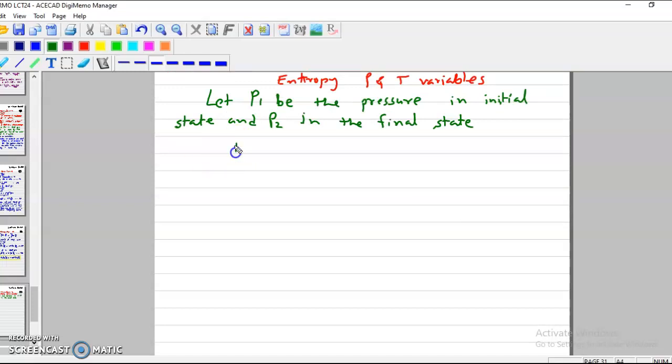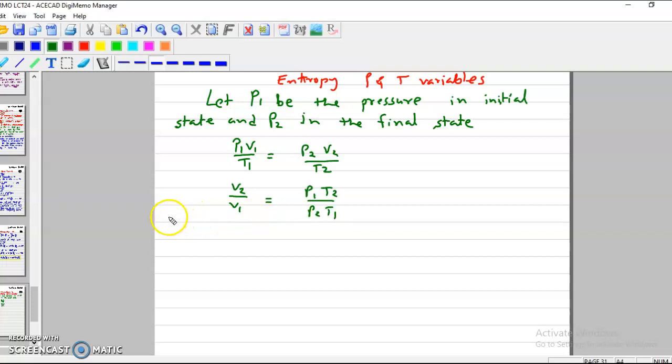So here P1 V1 upon T1 is equal to P2 V2 upon T2. So from this we can write V2 upon V1 is equal to P1 T2 upon P2 T1.